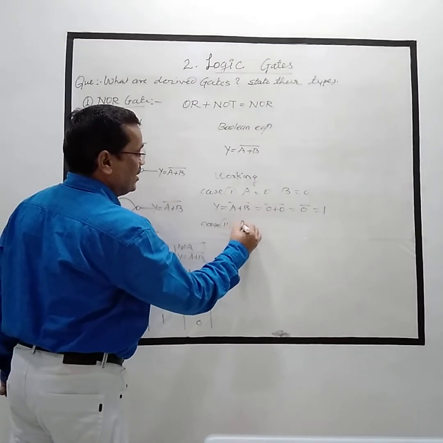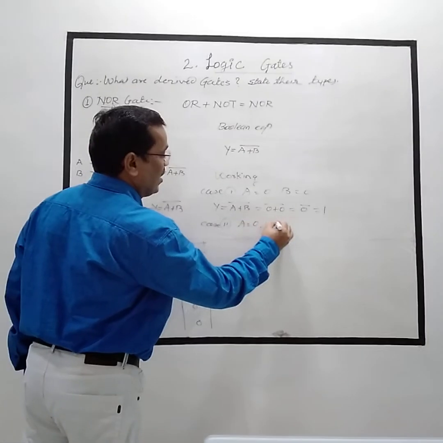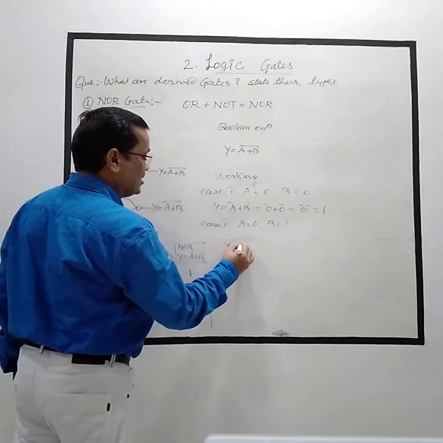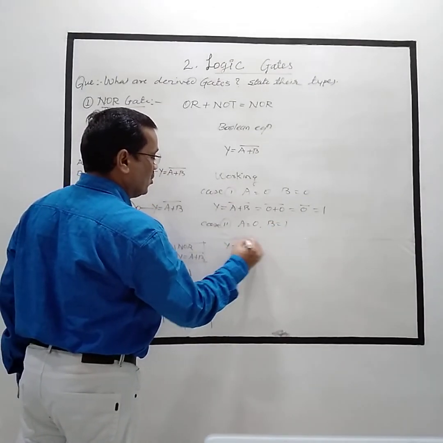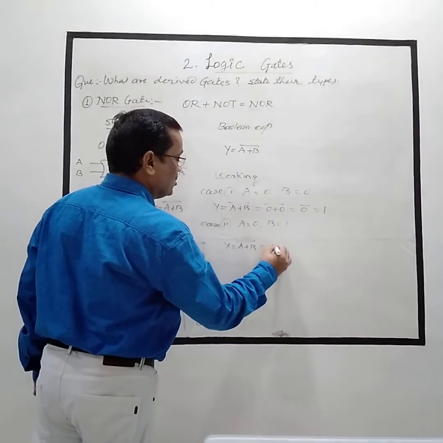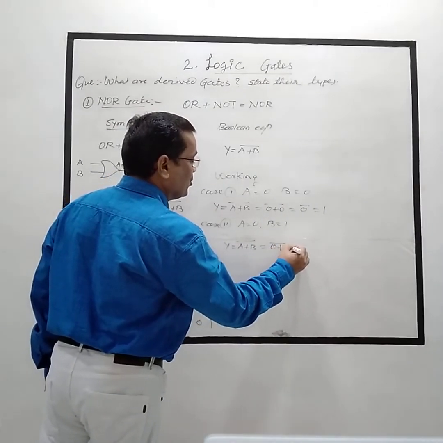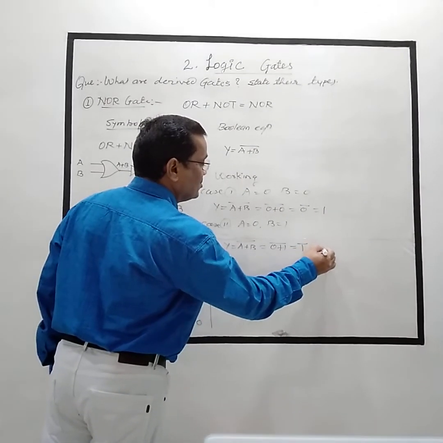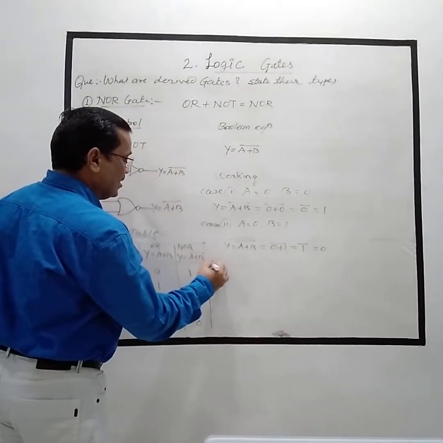Similarly for case 2. A is equal to 0, B is equal to 1. Y is equal to (A plus B) whole complement, which is equal to (0 plus 1) whole complement. 0 plus 1 is 1, 1 complement is 0. Similarly, case 3.